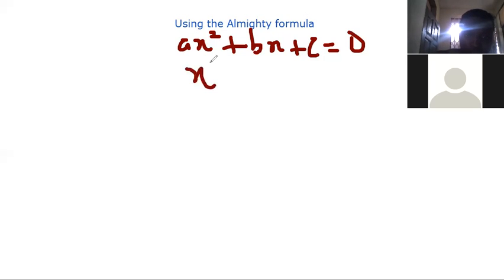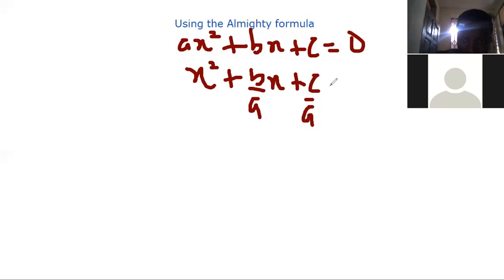So x squared plus b all over a x plus c all over a is equal to 0. So that's what you are going to get.